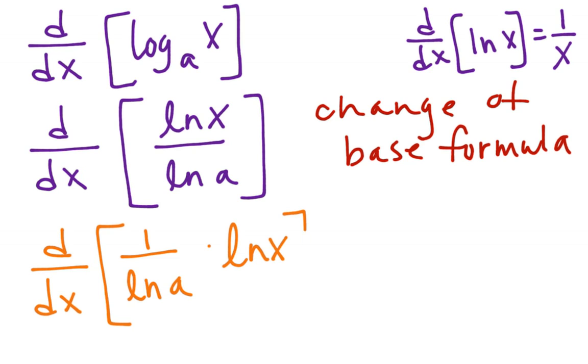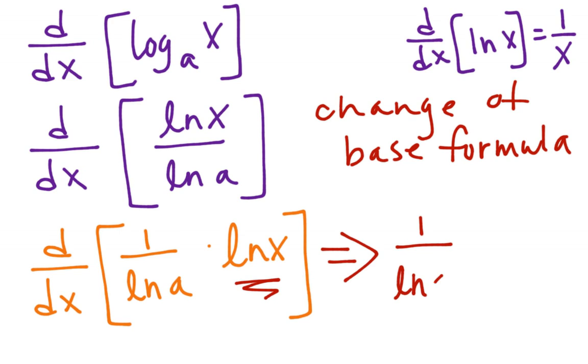And 1 over ln A is just a constant. So if that's just a constant, and I know the derivative of ln x, what do I get? 1 over ln A times 1 over x.